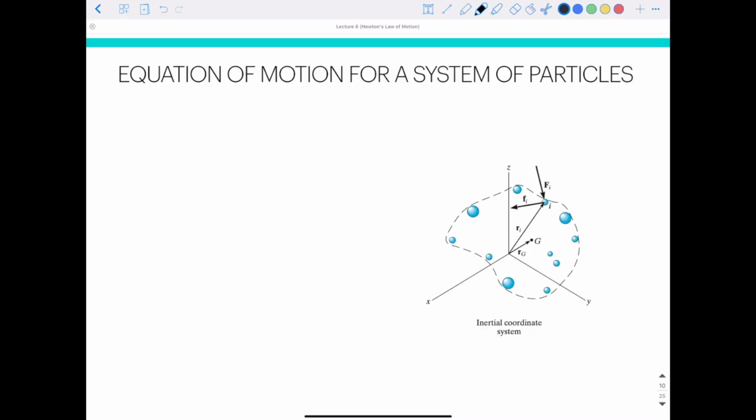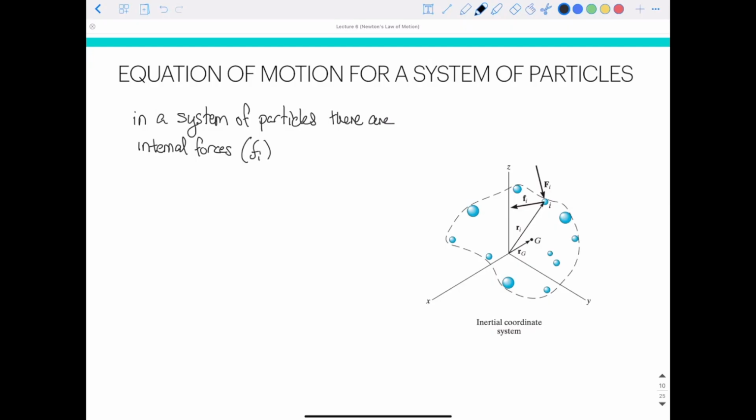So in a system of particles, there are, like we talked about, internal forces, which we call lowercase f_i for the force acting on each particle i, and external forces. And these are both vector quantities.